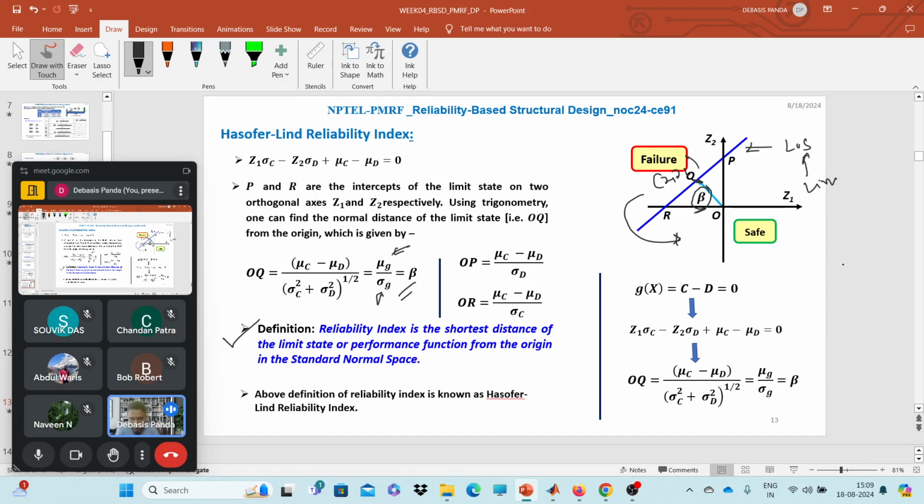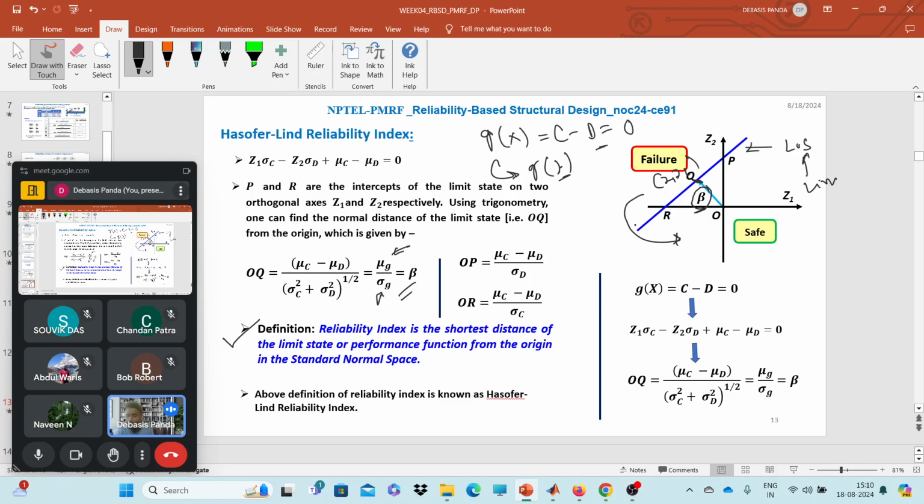So first let's summarize what we have done so far in the Hasofer-Lind reliability index. First we take a limit state function in the actual domain, that means the x1, x2 domain, then we convert it into the g(z) domain, that means standard normal space.